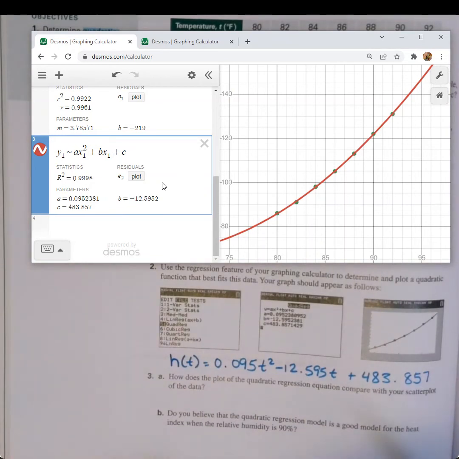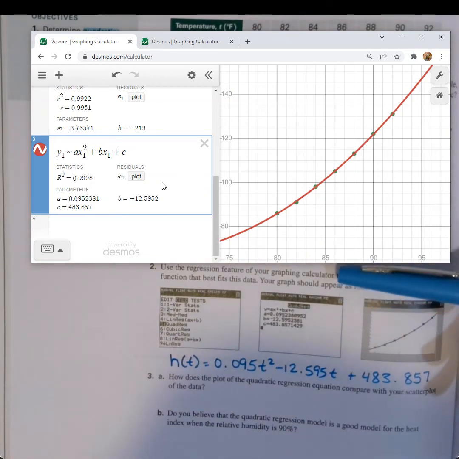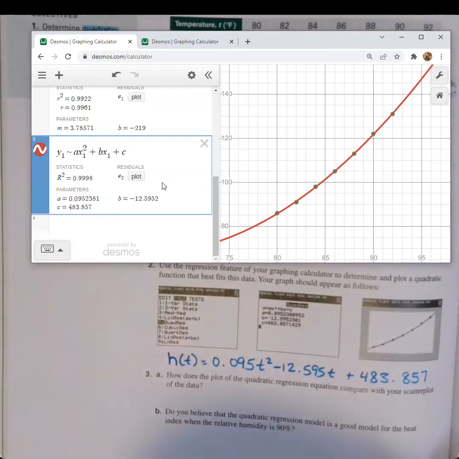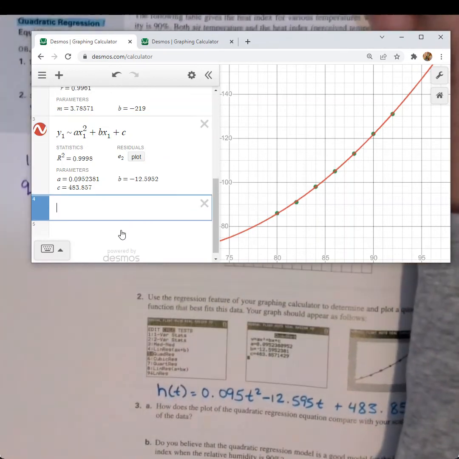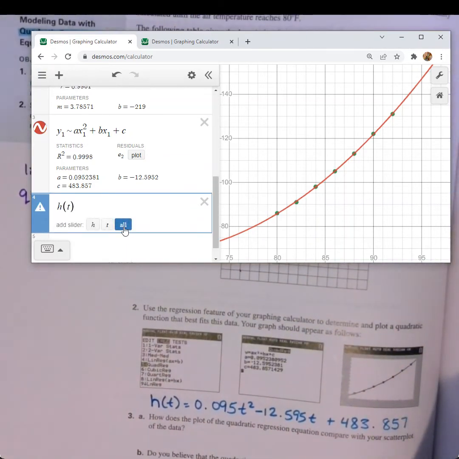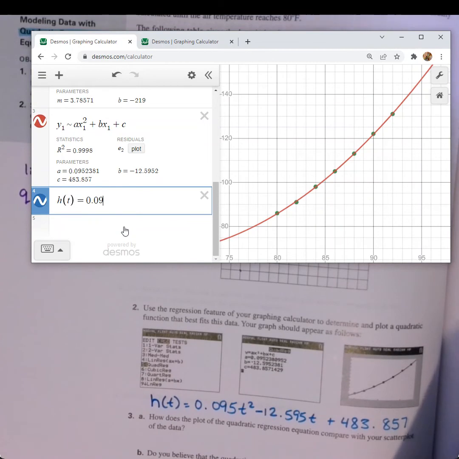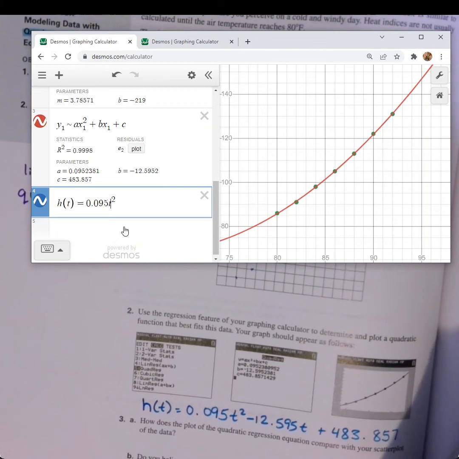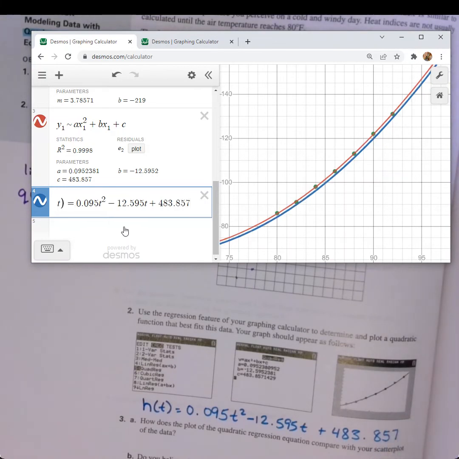Whenever they ask you to use the regression to find the model, write the model. We need to know what the model is. That's the model. And now I should type this model as well so that I can use it to make predictions. So H of T is 0.095 T squared minus 12.595 T plus 483.857.